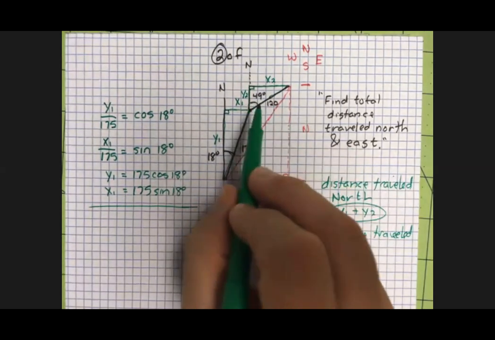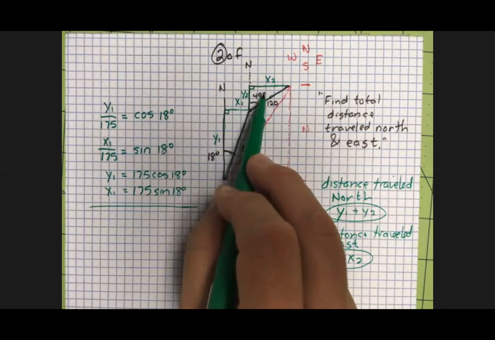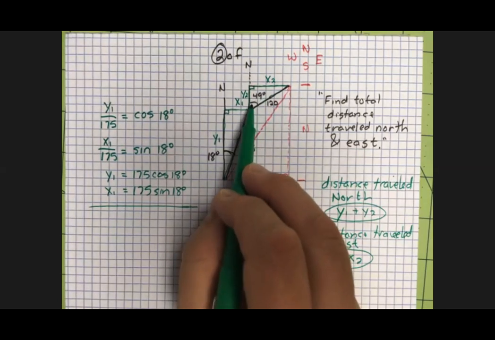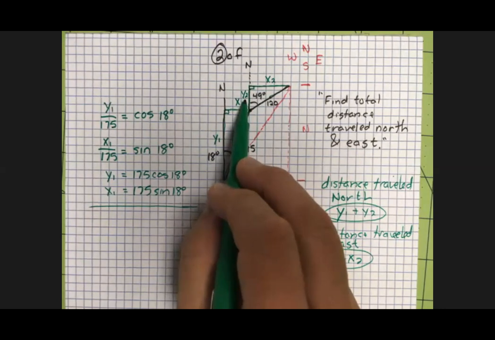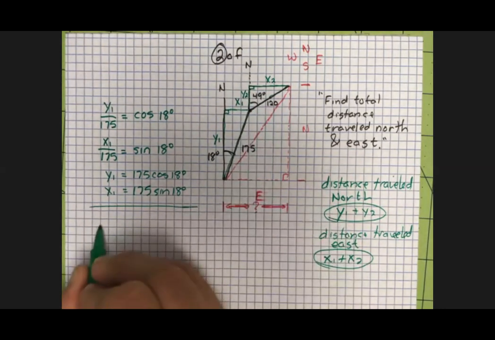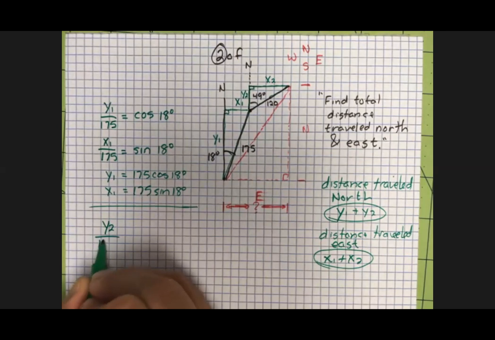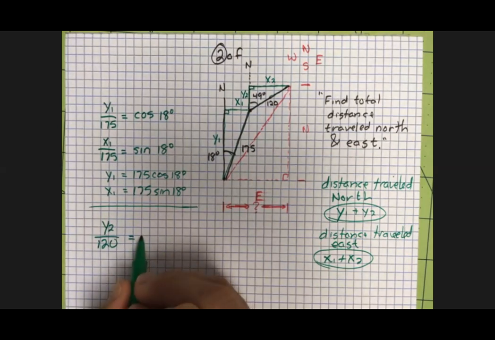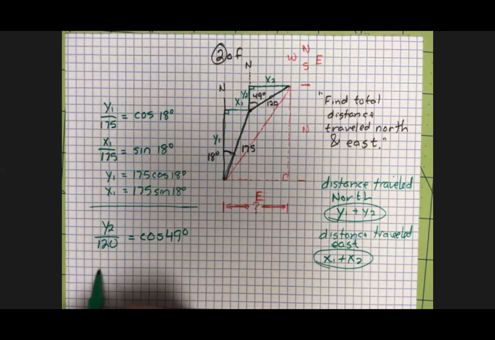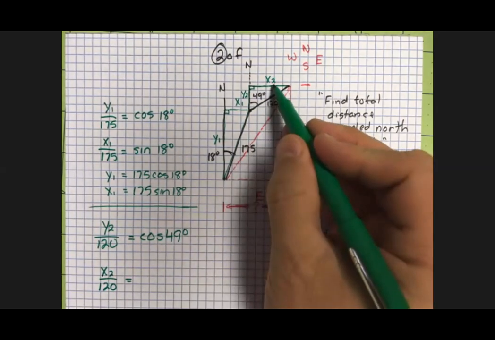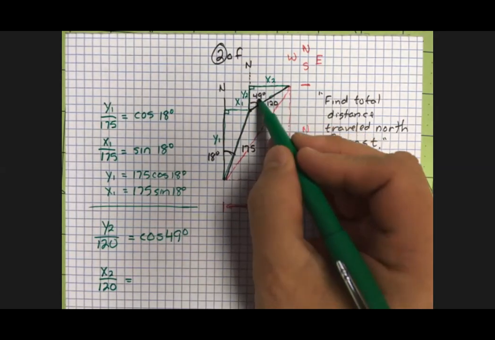Okay, let's look at the smaller triangle up here. So 49 degrees is again the angle here, and y2 is the adjacent side. 120 is the hypotenuse. So y2 over 120 is the cosine of 49 degrees. And x2 over 120, the opposite side over the hypotenuse, is the sine of 49 degrees.